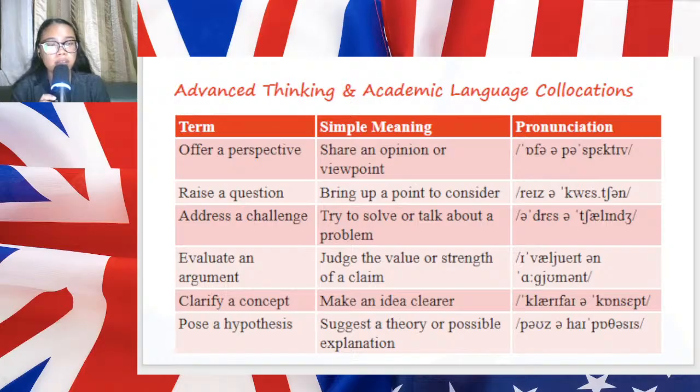There are two versions of the letter C sound: first is K, and second is S. But here we use the letter K sound. The third syllable is tiv. Very simple. It has a short E vowel sound and ends with the letter V sound, which is a voiced sound. Again, this word is perspective. We try to put it together. We get offer a perspective with clear stress on off and spec.